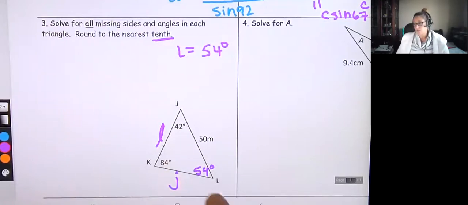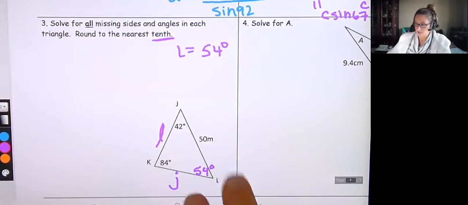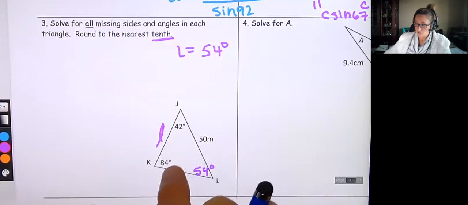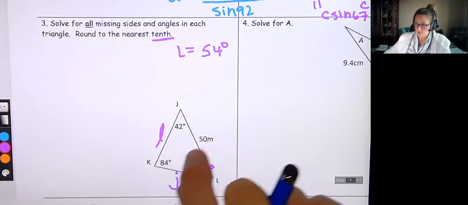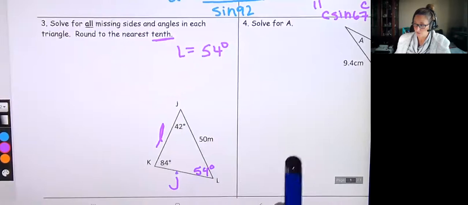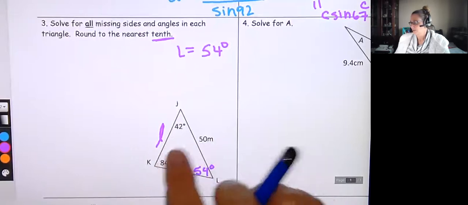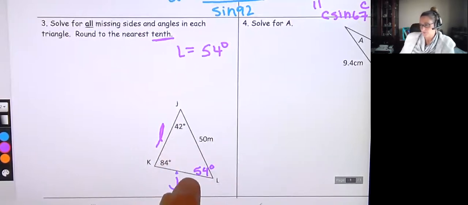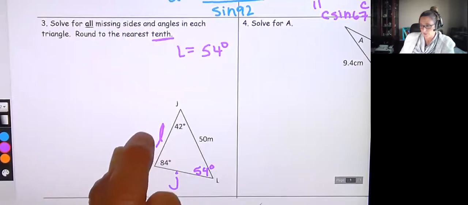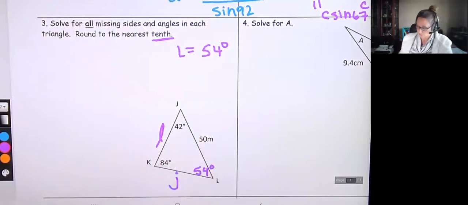And in this case, I actually knew a pair of these. So I'm going to use the 54 degrees I just found to help me with L, and then use the 42 to help with J.